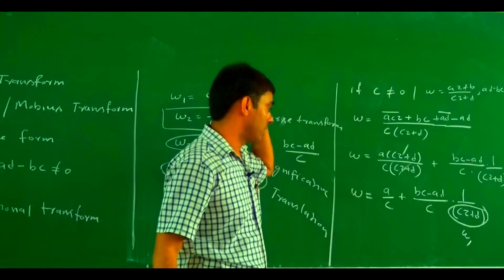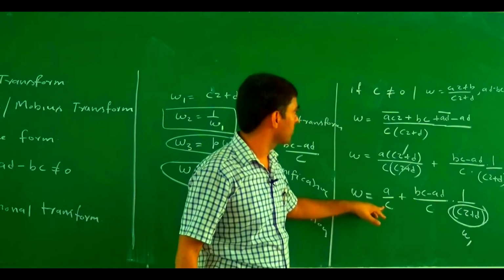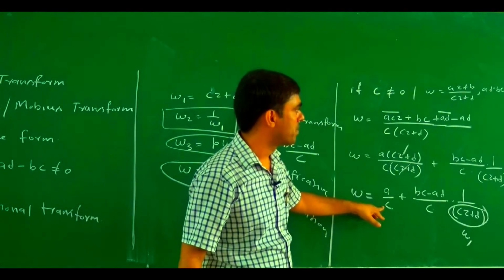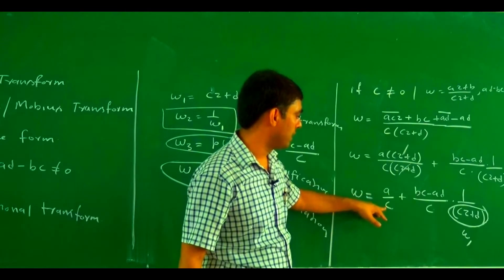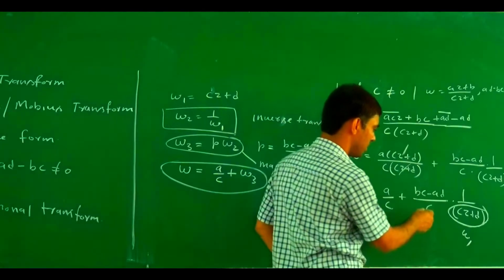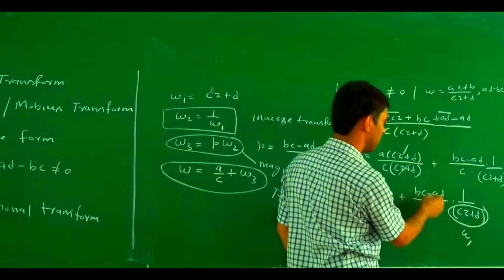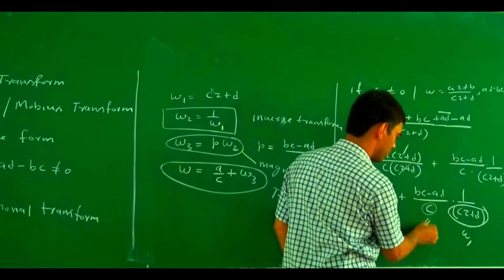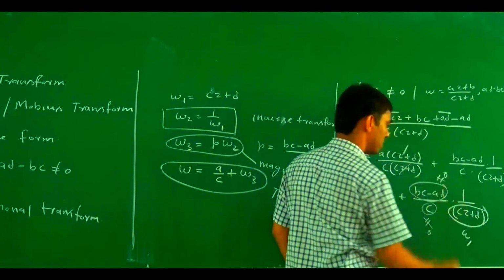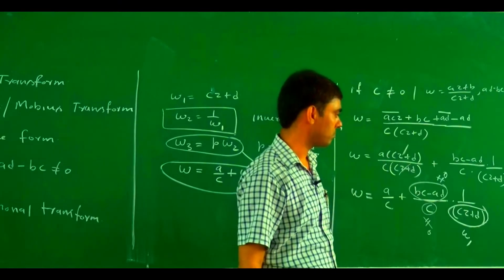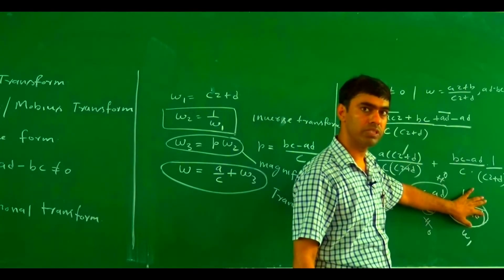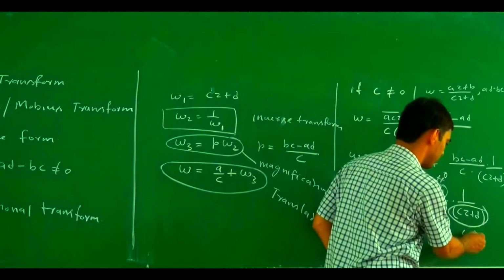So if C does not equal 0, then A by C plus this term BC minus AD, this one does not equal 0, and this one also does not equal 0, and C does not equal 0, then this one also does not equal 0.